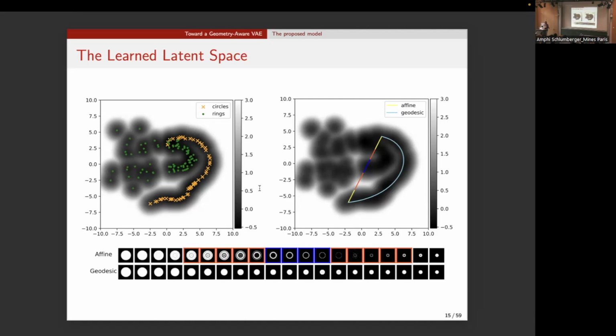In my previous life, I was assuming that the data were living in a Riemannian manifold. This is an assumption that you can talk about, but this was my previous life. Now, what we assume is that the lower dimensional representation of the data is living in a Riemannian manifold.